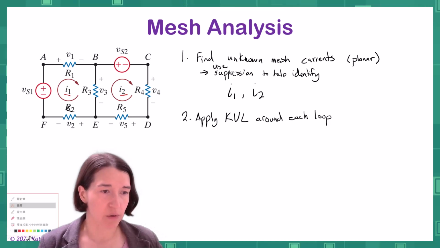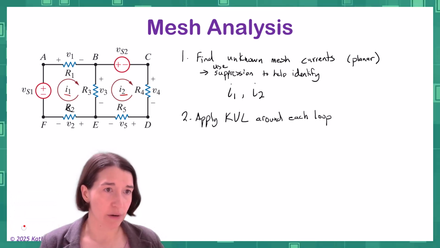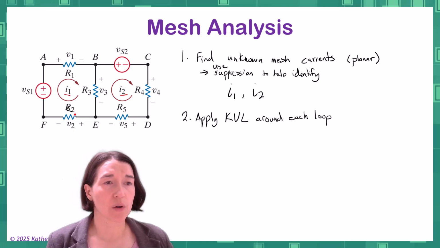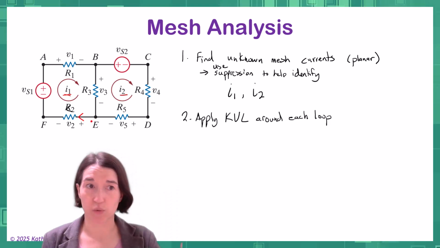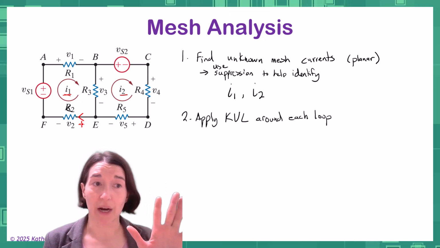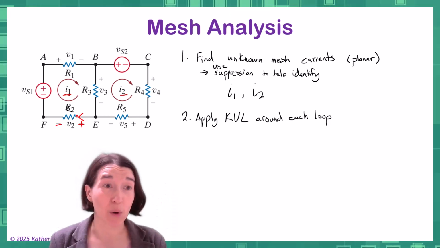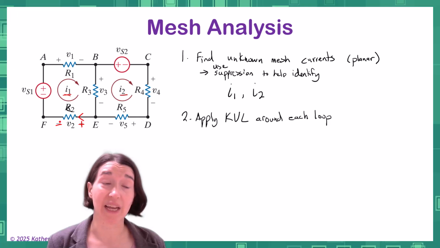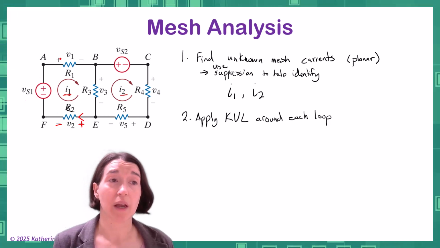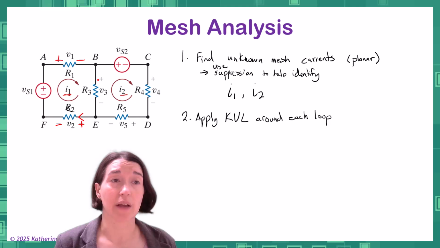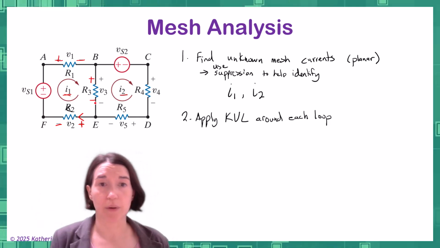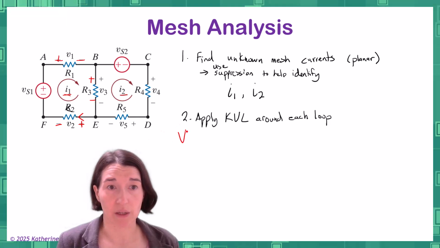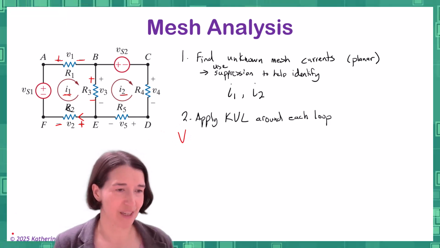I'm going to change colors here real quick. Maybe we'll go to a bright red. So the current, I1, is going through here. When I do each one, we're going to label the positive and negative because it's a passive component. The current's going through it, so it's going to be positive to negative, up this way, positive to negative, and I'm going to label this one positive to negative. So all we do is we go around the loop, and then we're going to call this I1, just kidding.